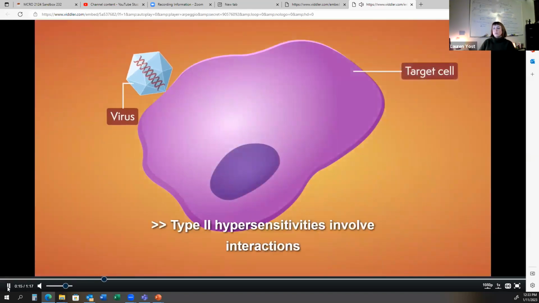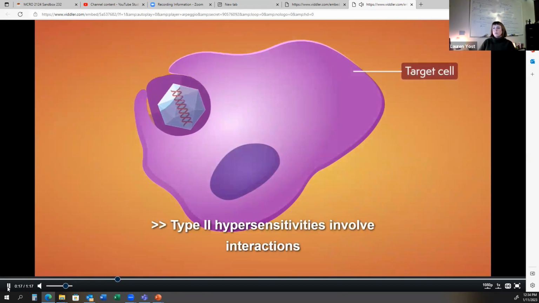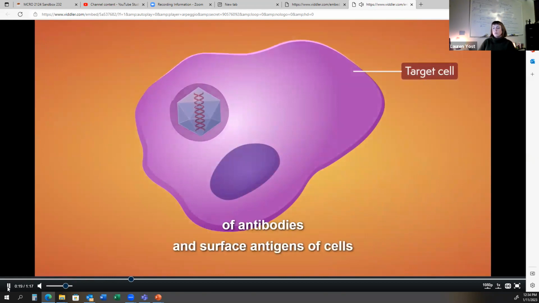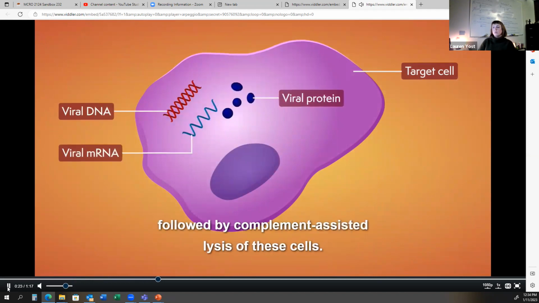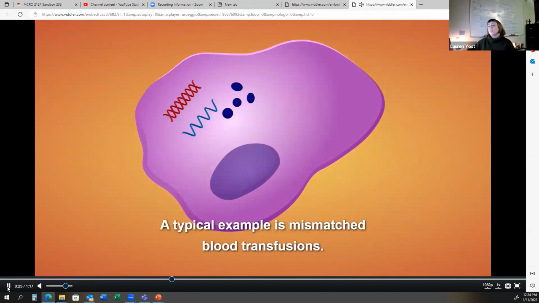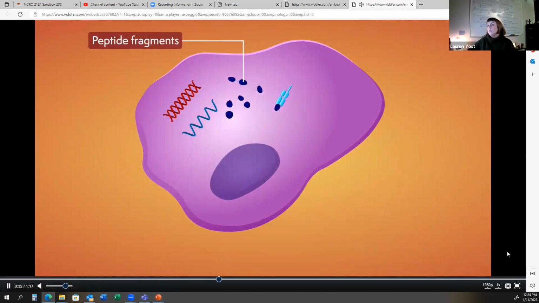When a virus infects a cell and synthesizes viral proteins, some of these proteins are degraded to peptide fragments. Similar to what occurs with all normal proteins made in the host cell, these peptide fragments are complexed with class 1 MHCs and displayed on the surface of the infected cell.